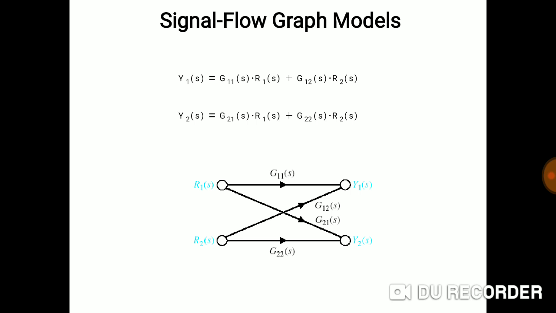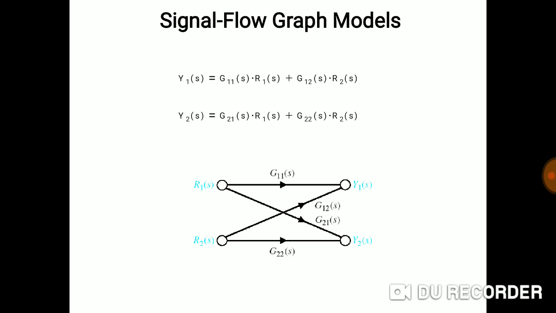Then we'll check in the diagram. Here, y1 of s has two input lines, one from r1 and another from r2, each with a unidirectional arrow carrying the transfer functions g11 of s and g12 of s. So g11 of s comes from r1 of s, so the transfer function is multiplied by the input node r1 of s.